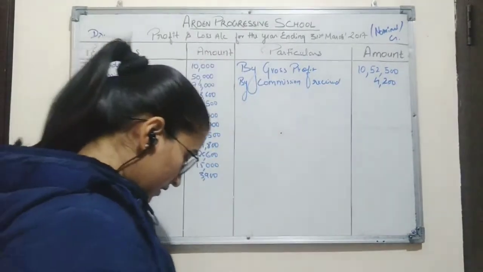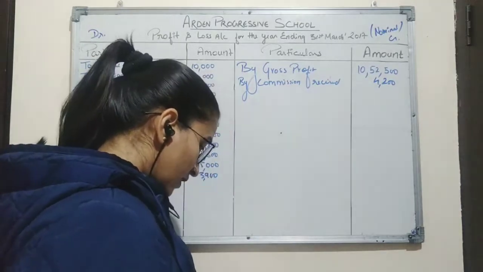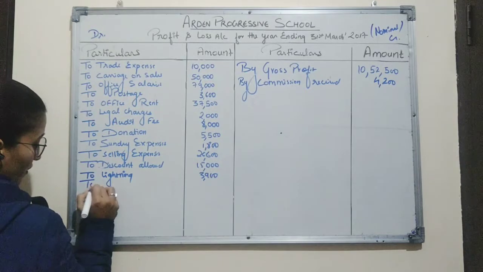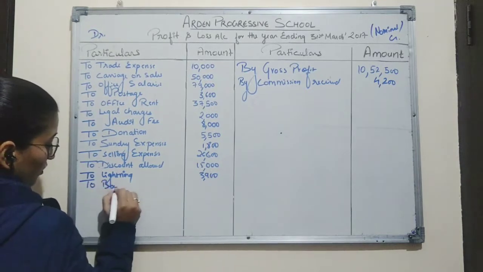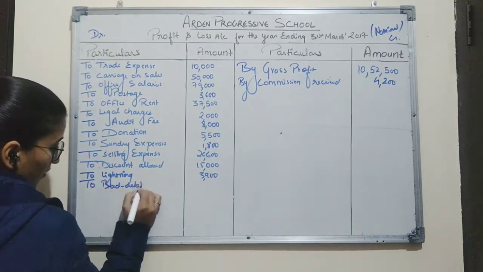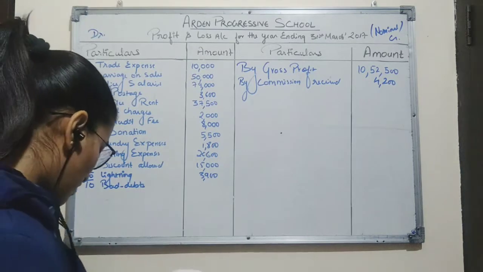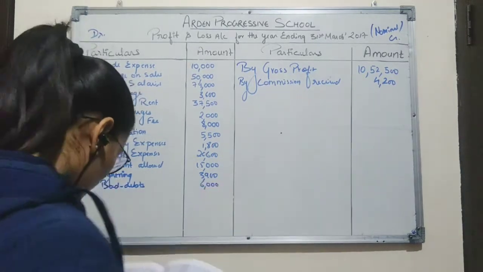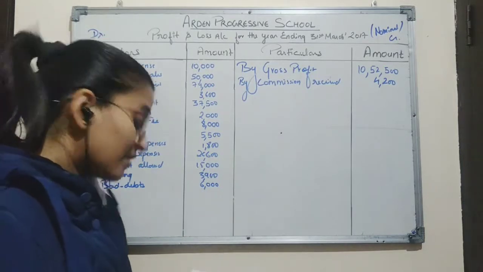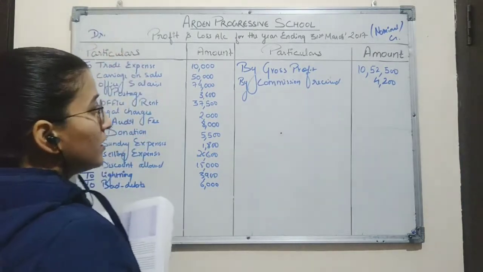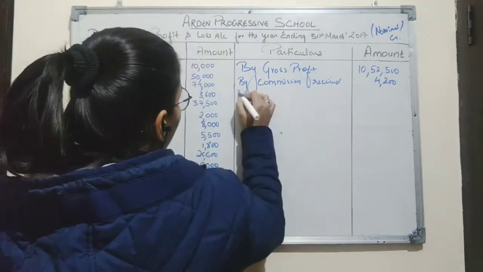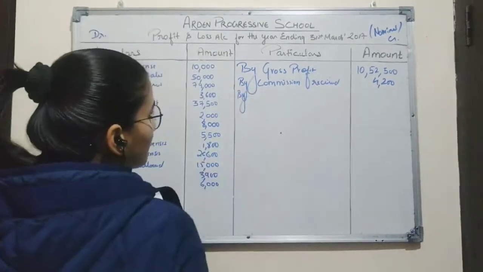Amount is 4,200. Next is bad debts. Bad debts is an expense for the company, so we will record it as to bad debts amounting to rupees 6,000. Next is discount credited. So here discount has been received by the company. Credited means discount is received by the company.